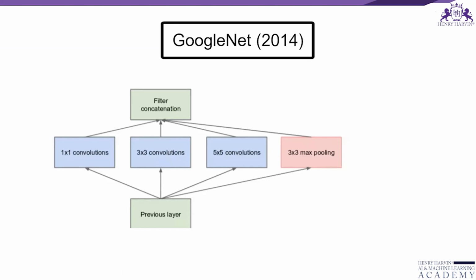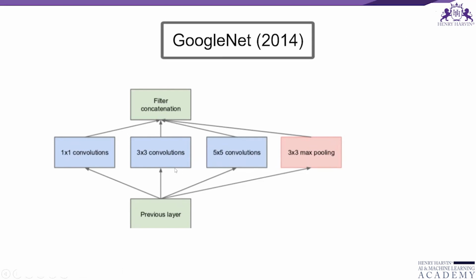This performs convolutions on input from the previous layer with 3 different sizes of kernels or filters, especially 1 cross 1, 3 cross 3, and 5 cross 5. In addition to this, you can see 3 cross 3 maximum pooling. Outputs are then concatenated and sent to the next module, right?